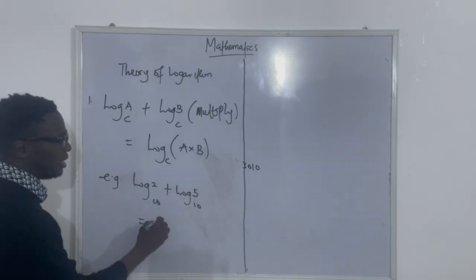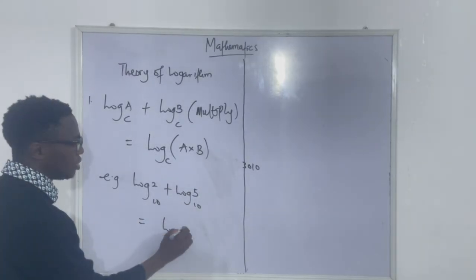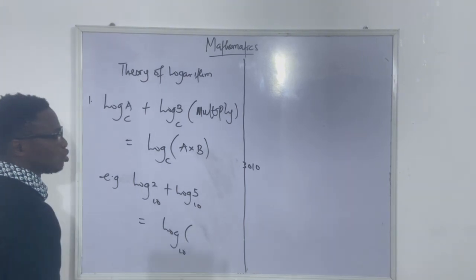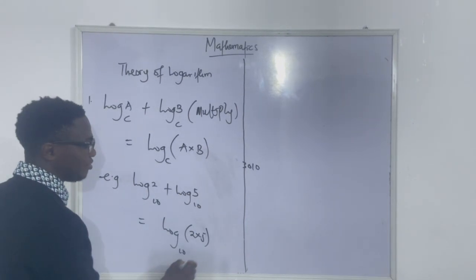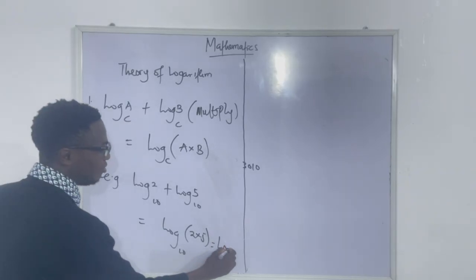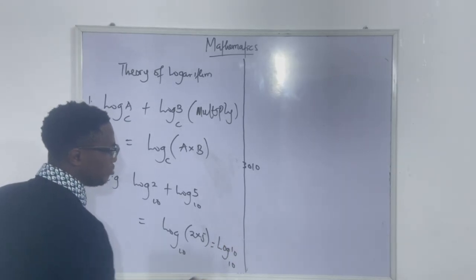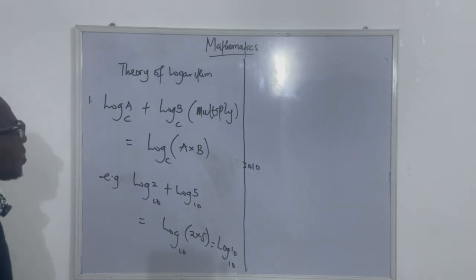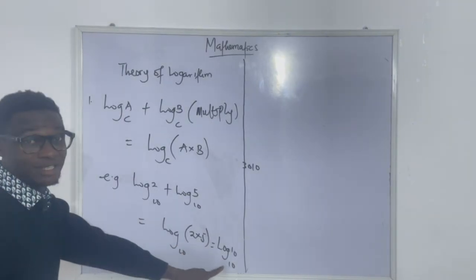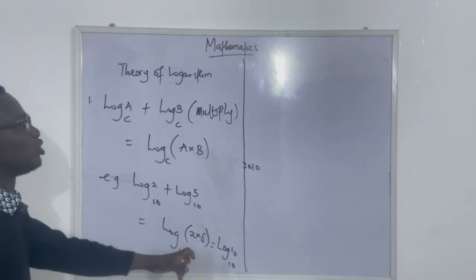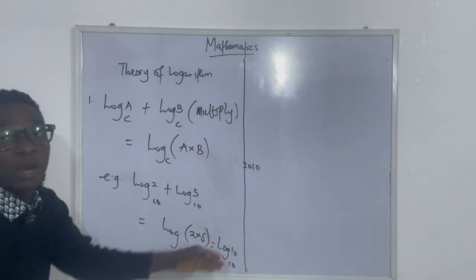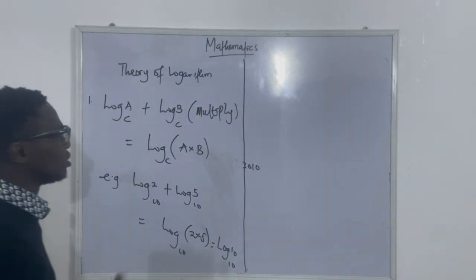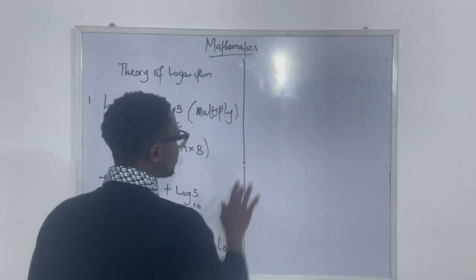Then what you have there is log base 10 of 2 multiplied by 5. 2 multiplied by 5, then simply you have log 10 base 10. Now, this is not the final answer, mind you. We are still going to provide a final answer in the subsequent laws, I think law 3.